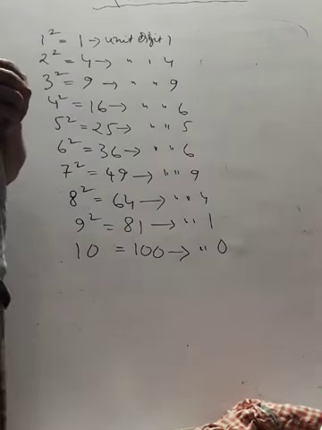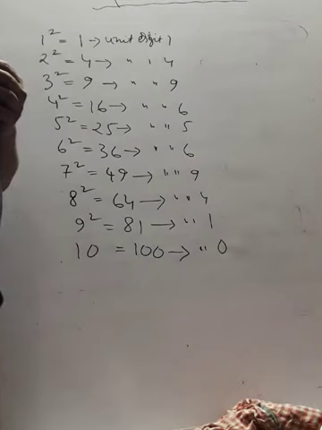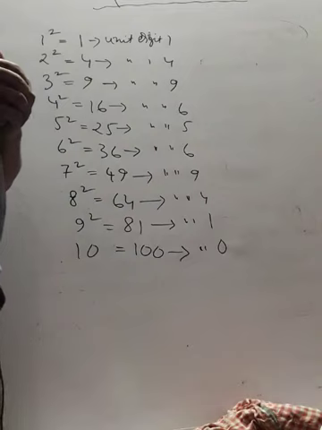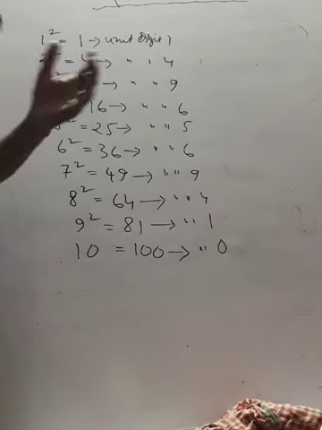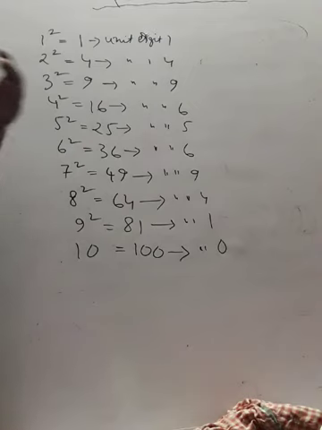Now, without wasting further time, let me discuss how to determine if a number is a perfect square or not. The number may be large or it may be small.